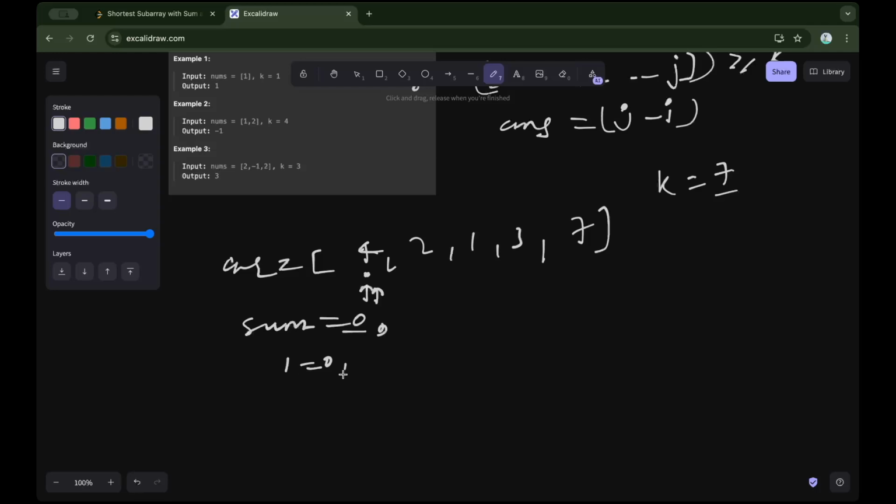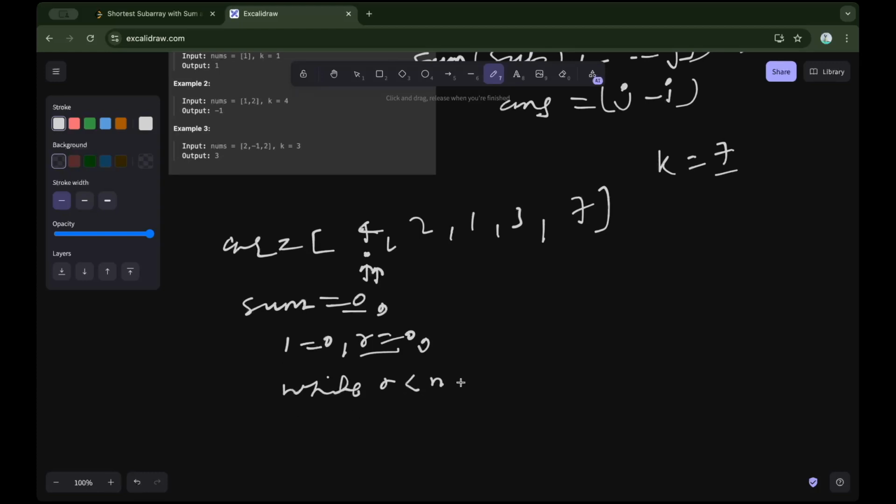L is equal to 0, R is equal to 0, and we'll move R while R is in the bound of the length of this array, and the sum is basically the sum of A of R. Now our sum here is 4, then 2, then 1. At this point the sum is at least 7, right?